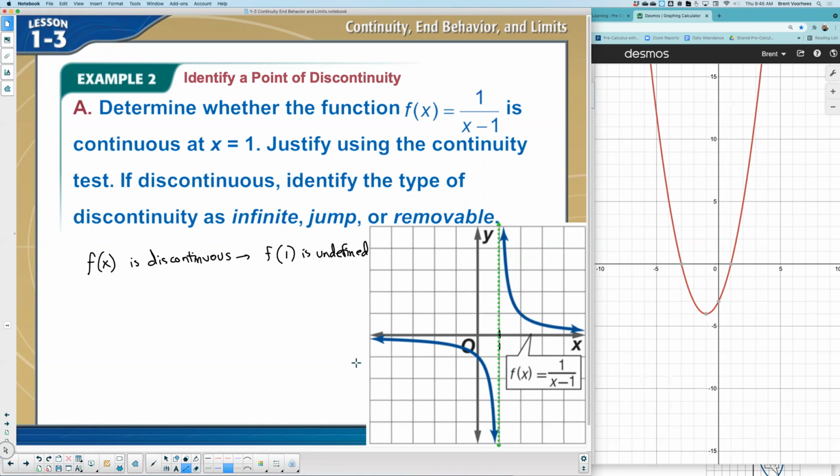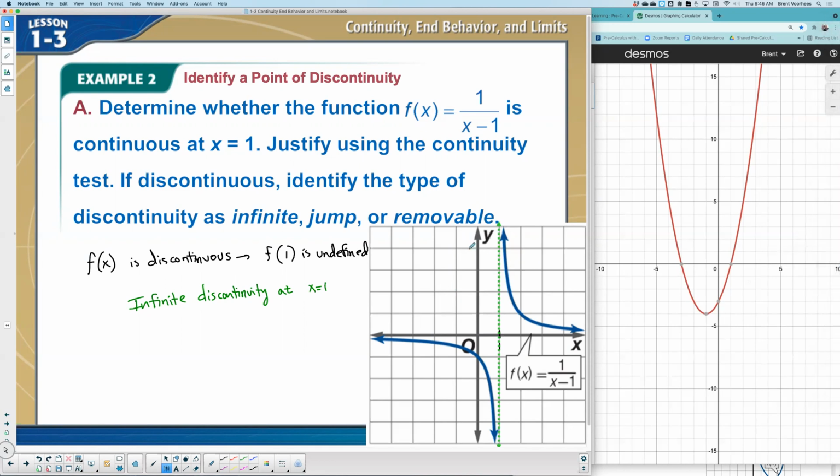What kind of break would we call this? This is called an infinite discontinuity at x equals 1, because the graphs are breaking and going off to infinities.